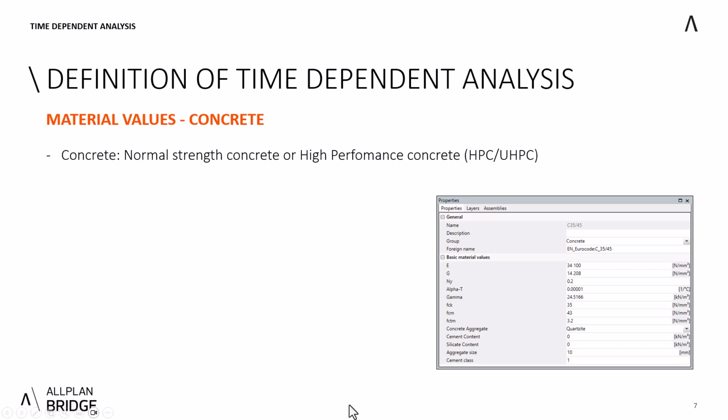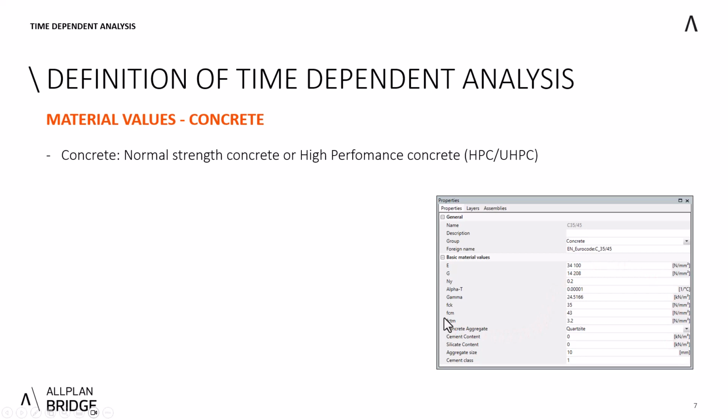On the right side, you can see the properties window of the concrete material. For this we have an online database; in every project you can download all your material definitions, but then once in the project you will be able to modify these basic material values.